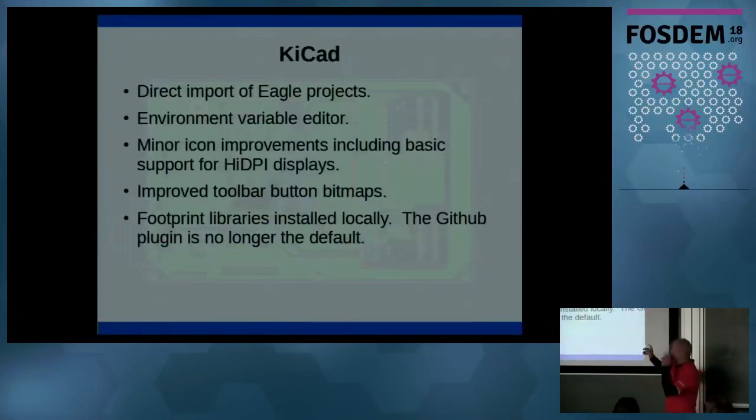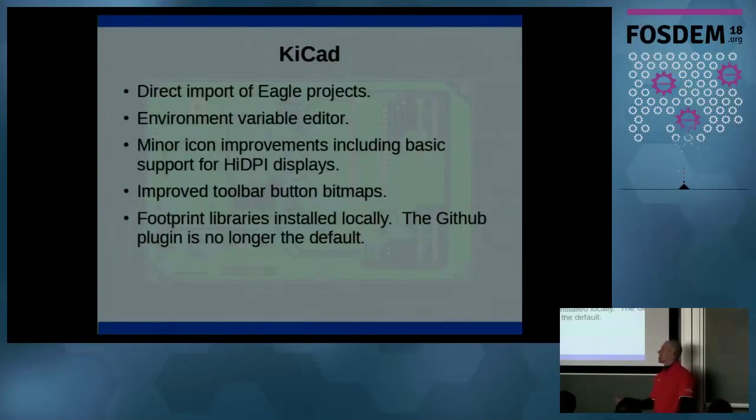One other change with V5 is that the GitHub plugin, which we currently use, will no longer be the default. The footprint libraries will be installed on your hard drive locally. You can still use the GitHub plugin, but if you're interested in the newer footprints, you probably want to change your global footprint library table to point to the new footprints on your machine, because the GitHub libraries we're currently using are basically deprecated.